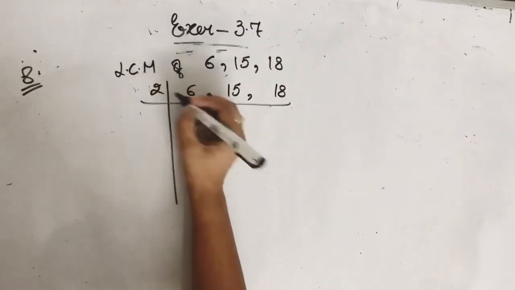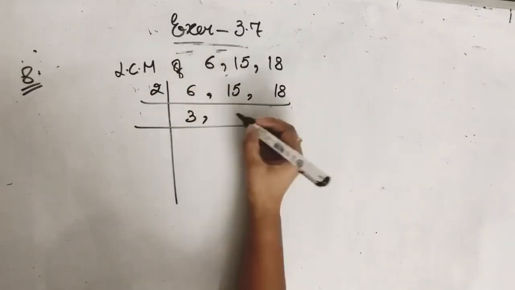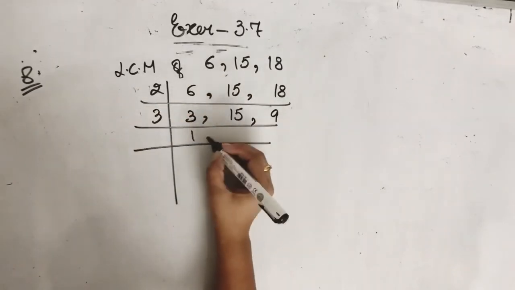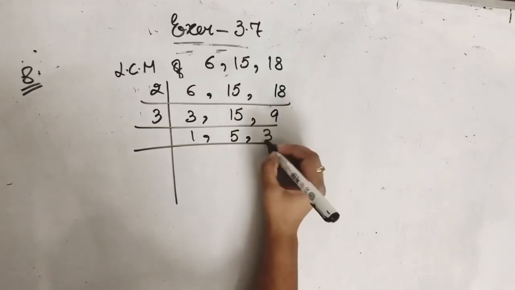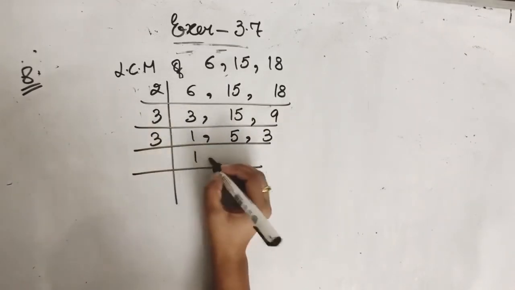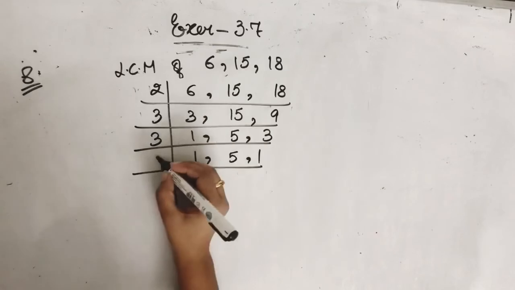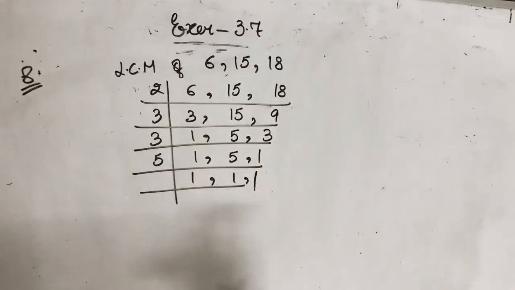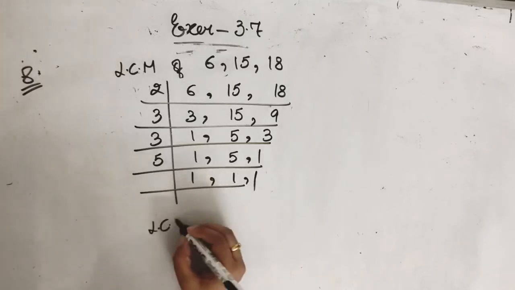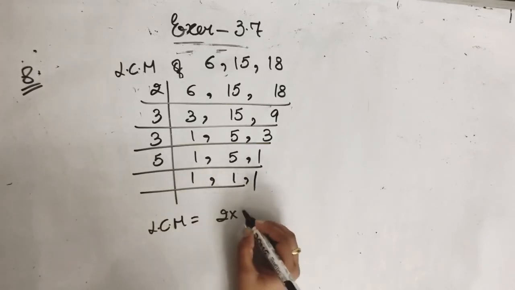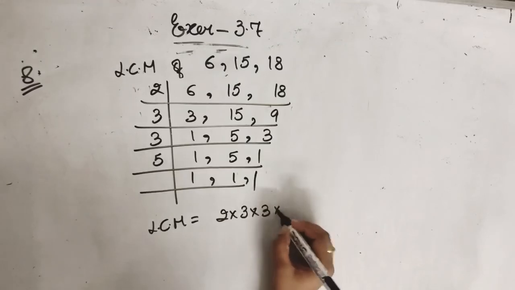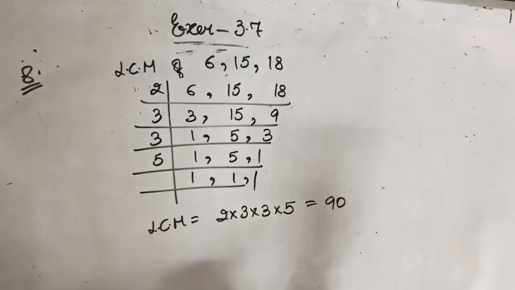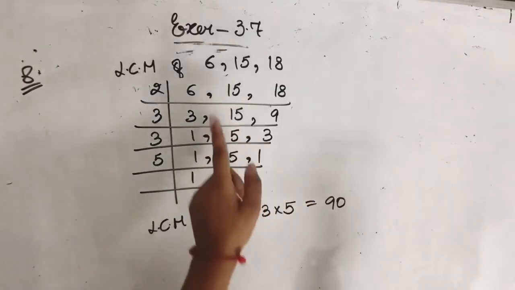So from 2, then 3, again 3 and then 5. So LCM is equal to 2 into 3 into 3 into 5, which is equal to 90. And now 90 is the LCM of these three numbers.